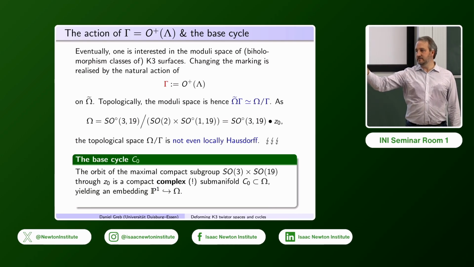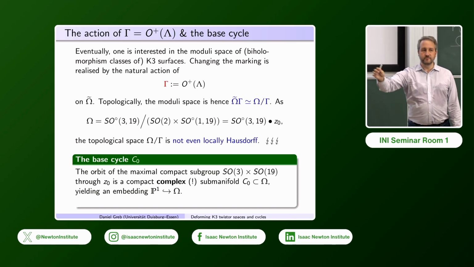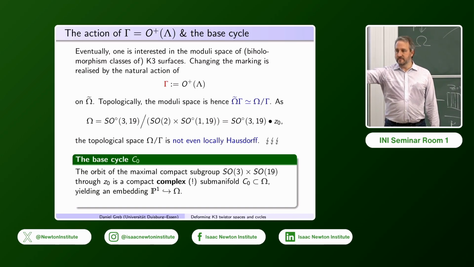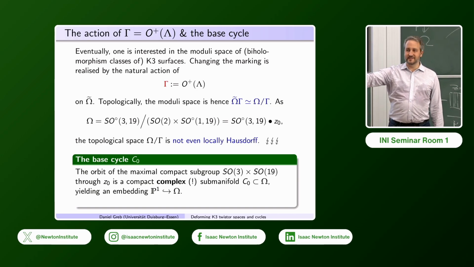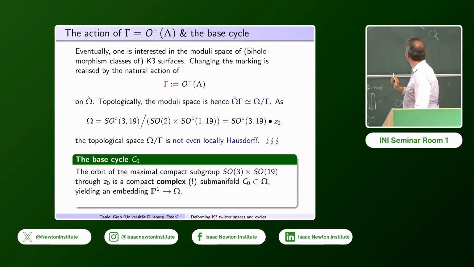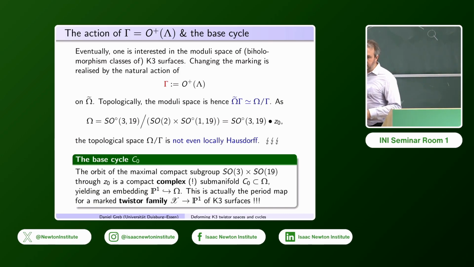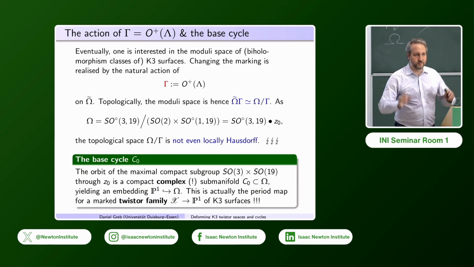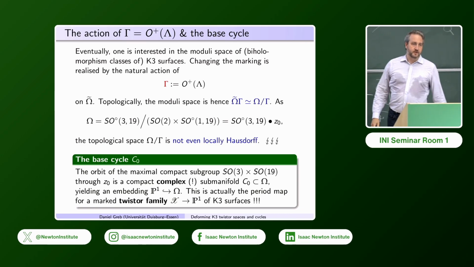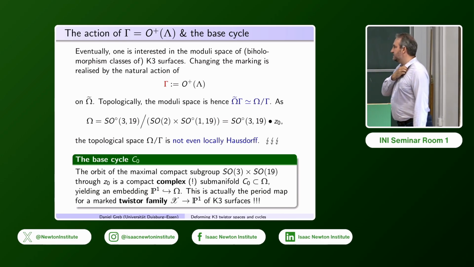Okay, it's clear that if you take a compact real Lie group, this will give you a compact real submanifold. But the Lie theoretic magic is that this is a compact complex submanifold. And the point is, you have already seen it. It's actually the image of the twistor line, or one twistor line for one well-chosen scalar class that we already know. Yeah? So that's the magic.